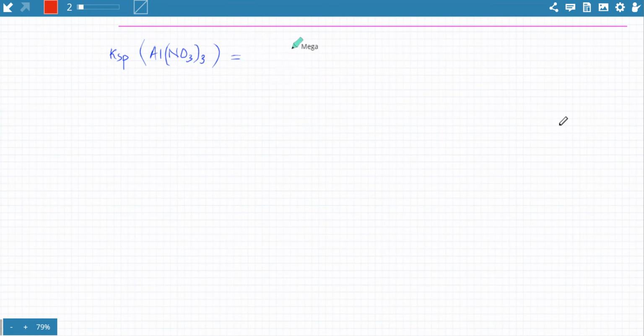It's probably very soluble, so let's take a higher value, 1.6 times 10 power minus 1. The unit is mol^4 dm^-12. Now that's your value. The Ksp is given, it's provided.